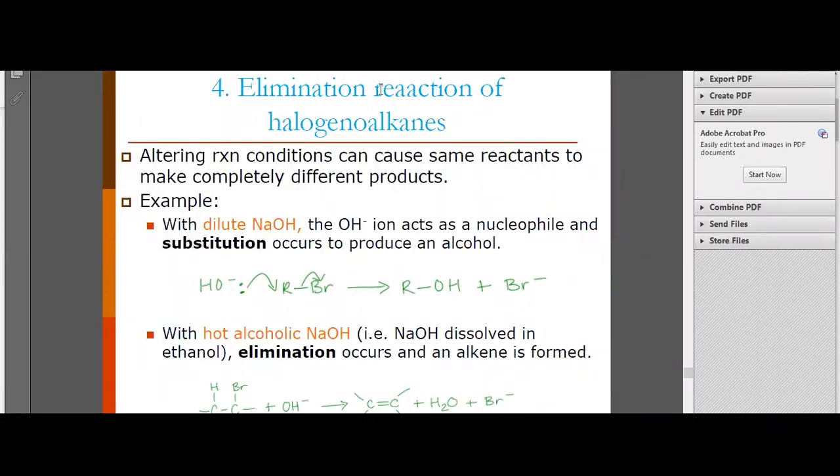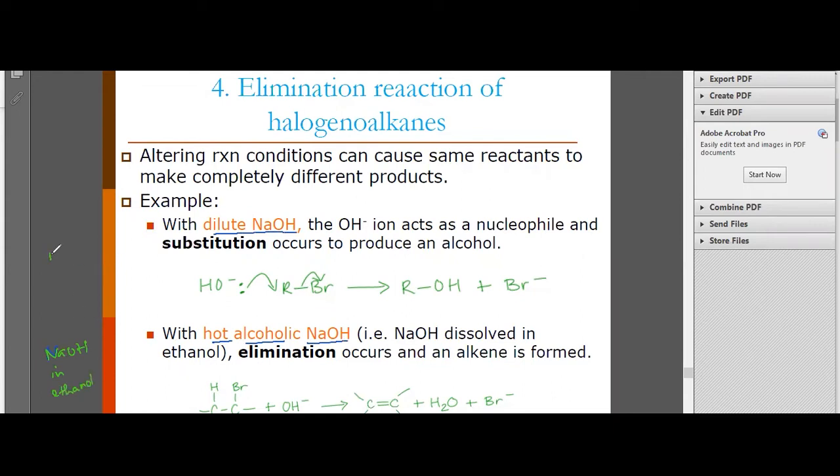Okay, the last reaction of halogenoalkane is called elimination reaction. In this elimination reaction, you can see that we use hot alcoholic NaOH instead of dilute NaOH. So the reagent is still NaOH, but the condition is in ethanol.